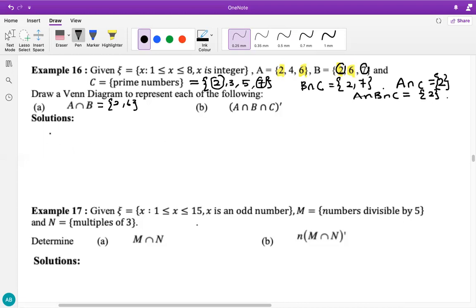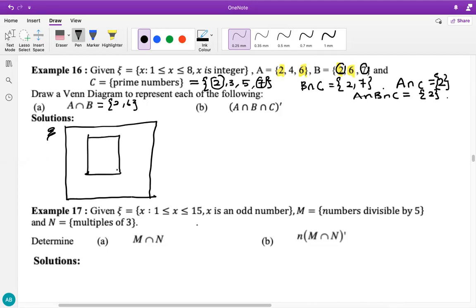So now we can sketch. Draw the graph. C will be the largest, 2, 3, 5, 7. So maybe we can draw C first.